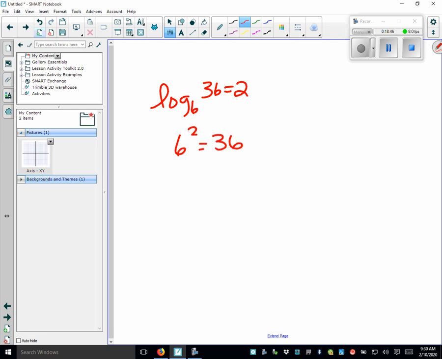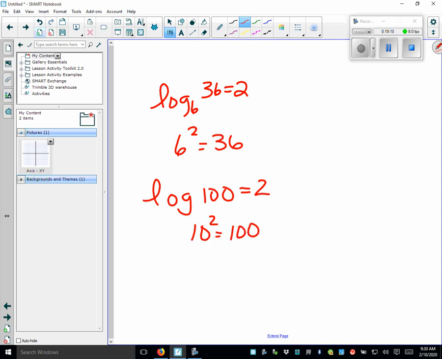Oh yeah, that doesn't make sense. Right? Okay. How do I change this? 10 to the second equals 100?